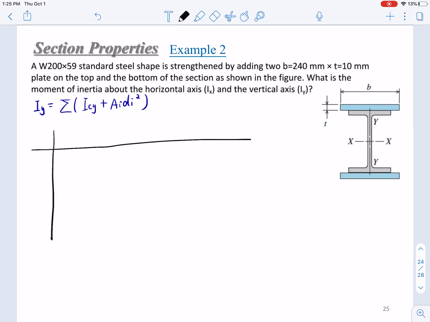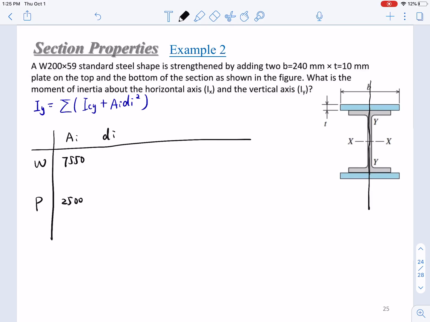Here you have W, you have P, then you have A here, d_i. A has been given. This is 7550, 2500, and the d_i. What is d_i? Right, now we're calculating Iy. The y-axis is here.